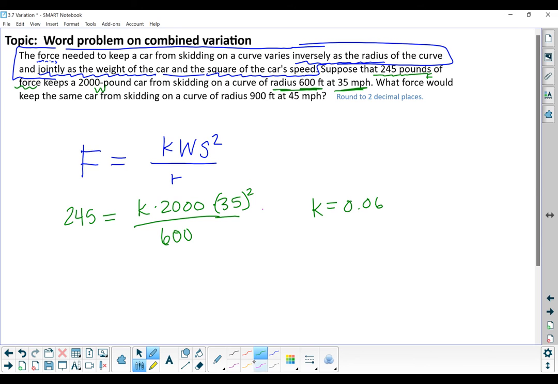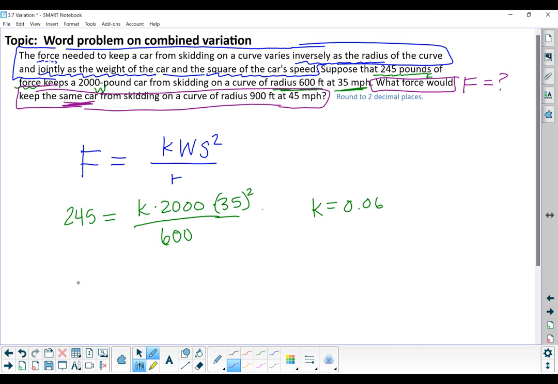Okay, so now we have our final purpose, which is to answer our question: what force would keep the same car from skidding on a curve that has a radius of 900 feet at a speed of 45 miles per hour? So our question that we're trying to answer is what force. So that's our variable that we don't know. We know that our K is 0.06. This is the same car, so it still weighs 2,000 pounds.